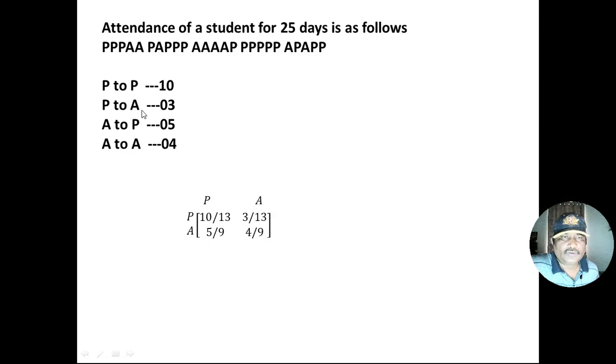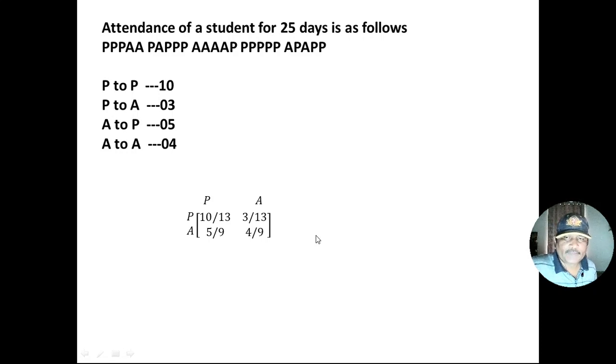So P to P will be 10 out of 13 and P to A will be 3 out of 13. Then from A to P and A to A, there are a total of 9 transitions. So A to P will be 5 by 9, A to A will be 4 by 9.